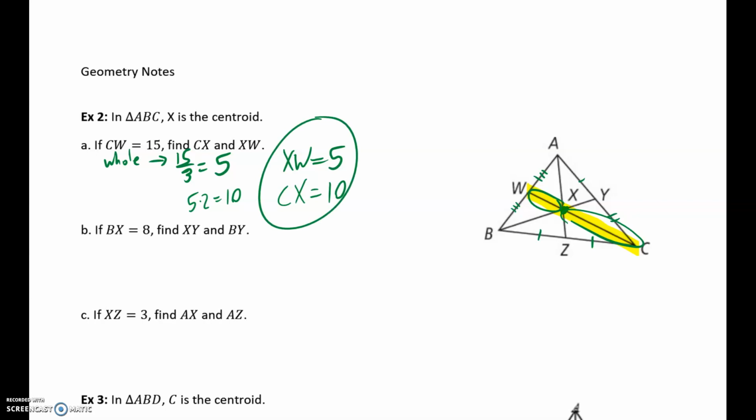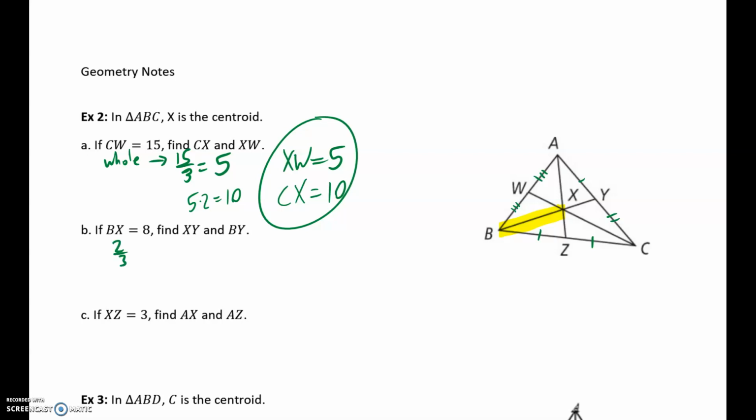Okay. Let's go on to the next one. So if BX is 8. All right, so BX is right here. That is from a vertex to the centroid. So you tell me, is that the whole thing, the 1/3, or the 2/3? That is very clearly the 2/3. It's not the whole thing because it doesn't go all the way, and it's not the shorter piece, so this is the 2/3.